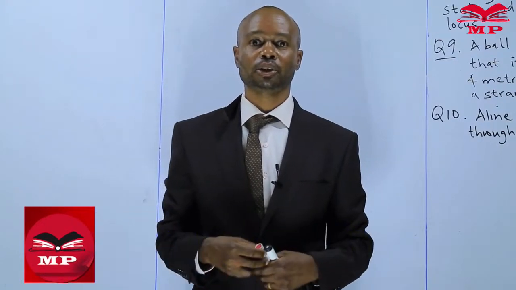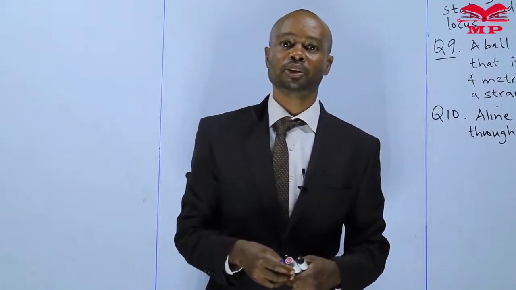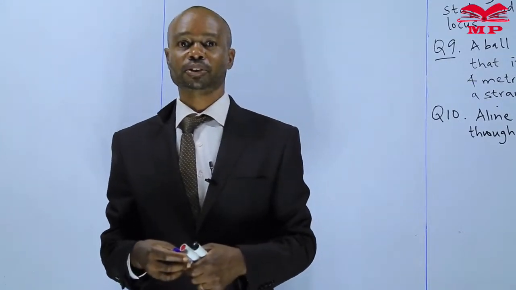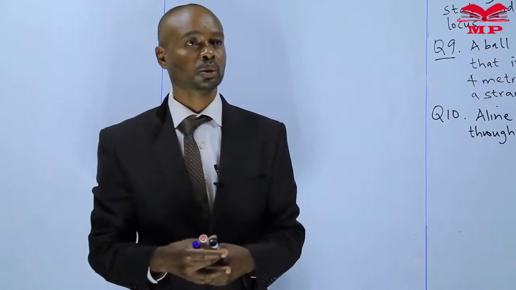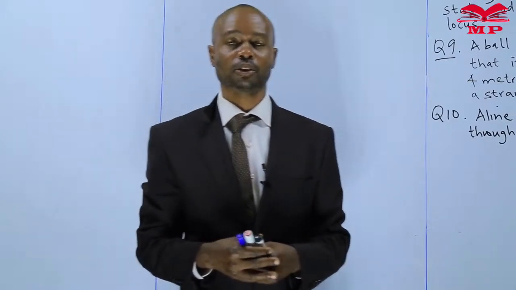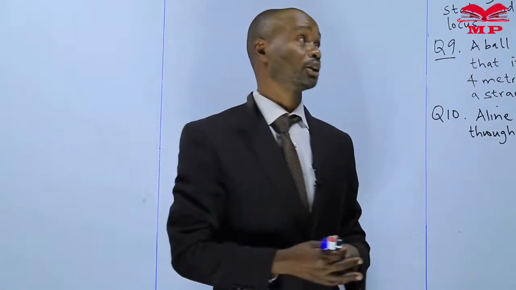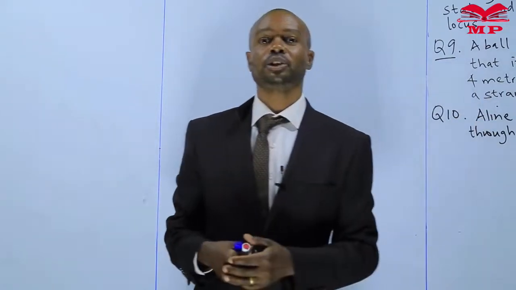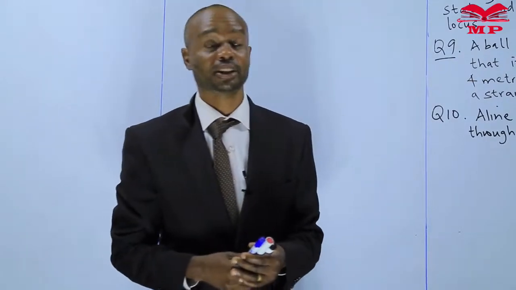We are going to continue our topic on loci, and we had worked out some questions in the previous lesson, and I gave you 2 more to solve at home. So we shall pick up from that stage where we shall solve the 2 questions I had given you in that assignment.